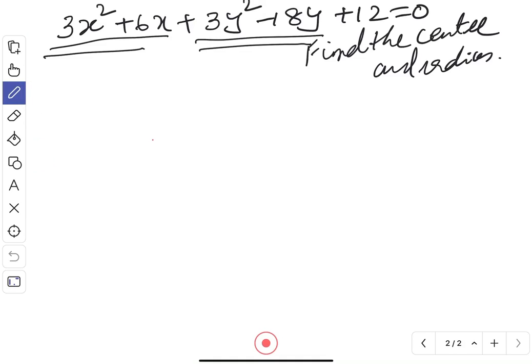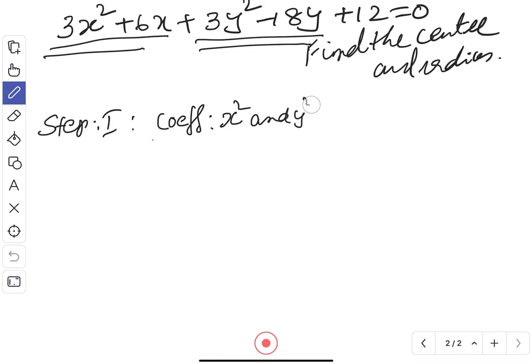My step number one is to make the coefficient of x squared and y squared equal to 1.